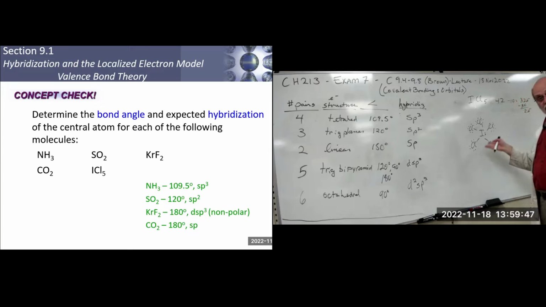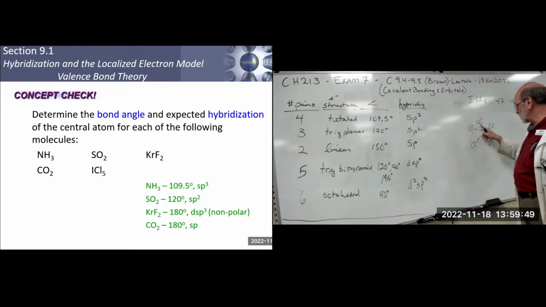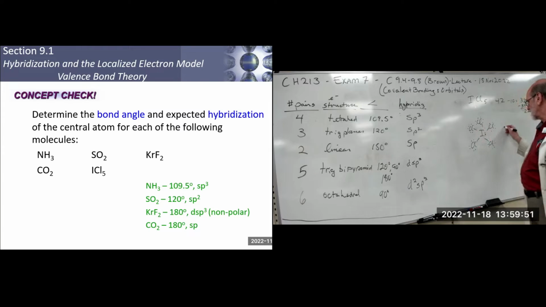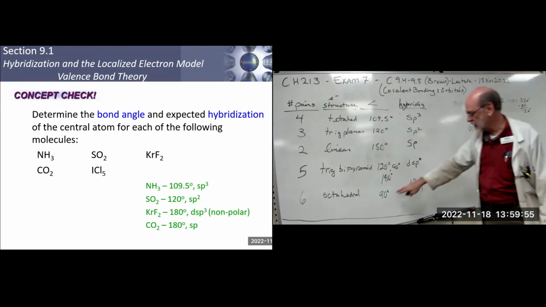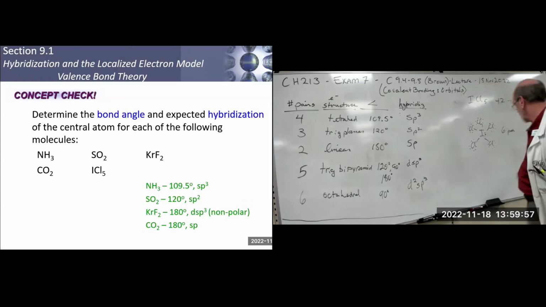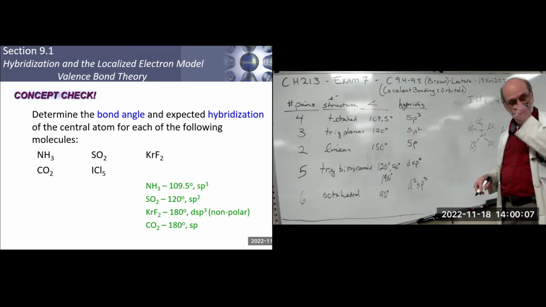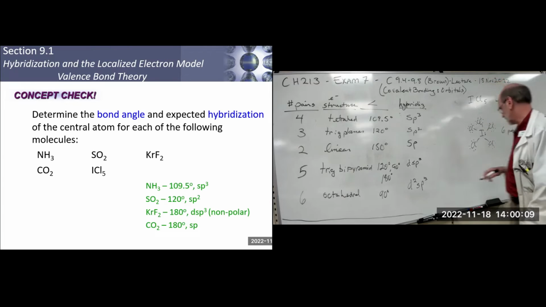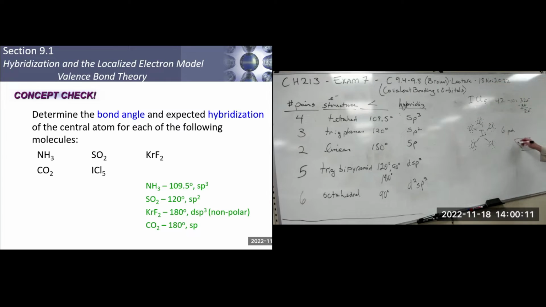So now, around the iodine, we have 1, 2, 3, 4, 5, 6. 6 pairs of electrons, which means octahedral. So we've got an octahedral structure with iodine in the middle. Okay, where does the lone pair go? I think for octahedral, the lone pair tends to be on one of the apexes.